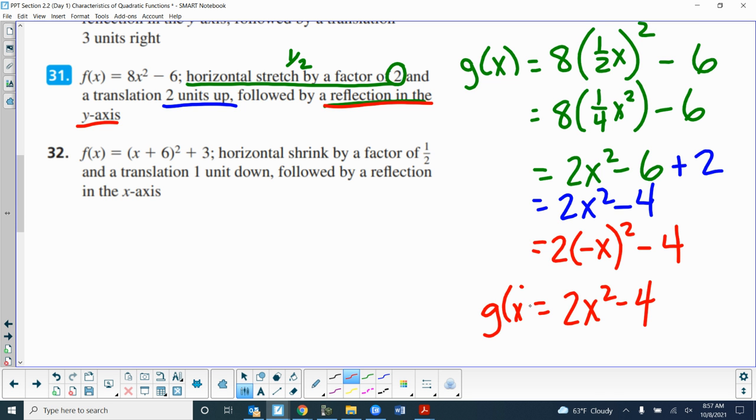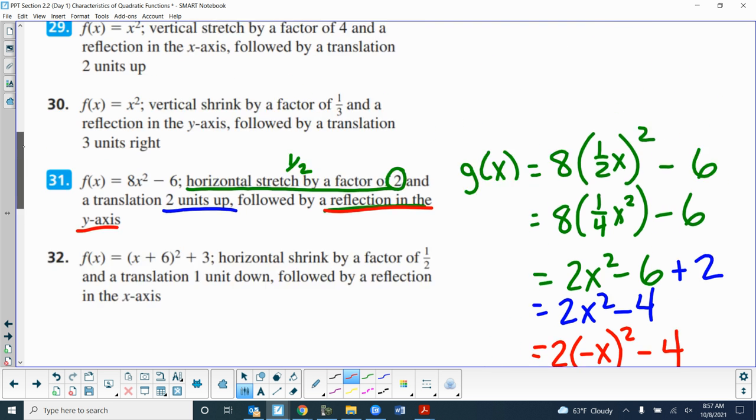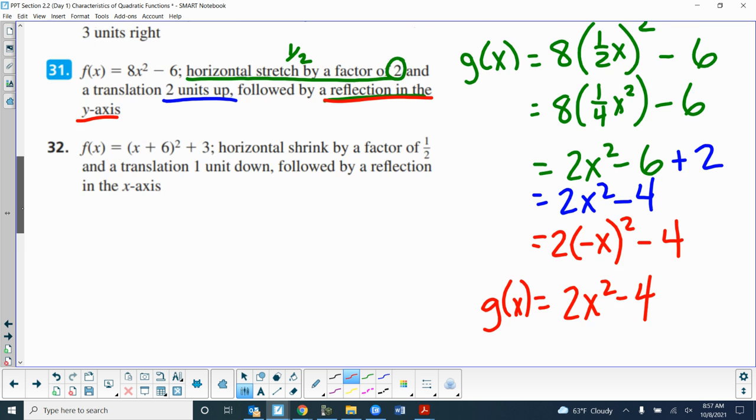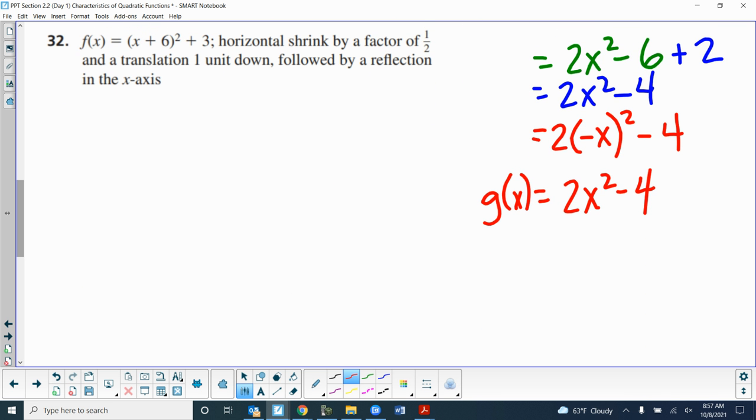So that's the final. Now, you were supposed to, I think, identify the vertex, right? Since there's no x minus anything, or x minus 0 squared, that's the same thing, right? x squared and x minus 0 squared is still x squared.